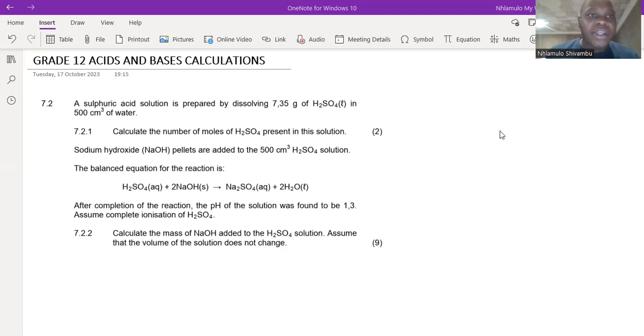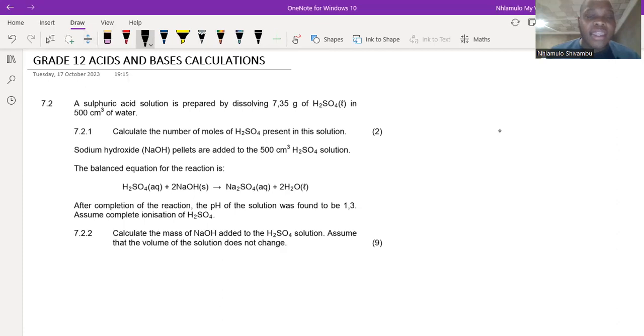From the given information, we realize that we are given the mass of the sulfuric acid. And if we're given the mass, to calculate the number of moles of sulfuric acid we're going to use the formula that involves the mass.